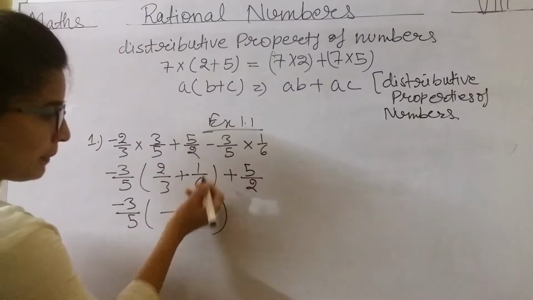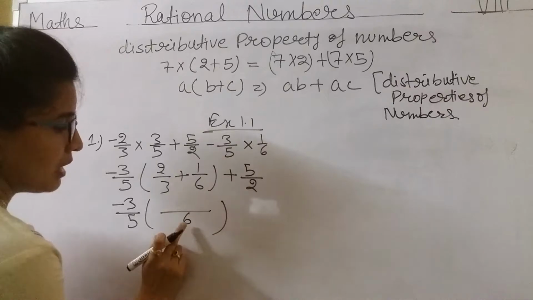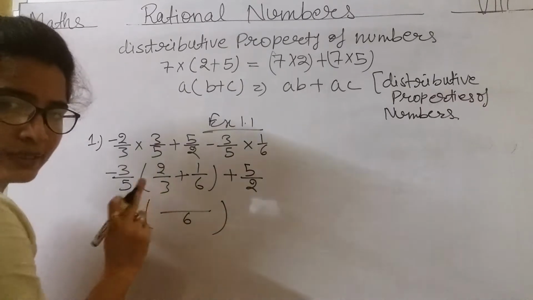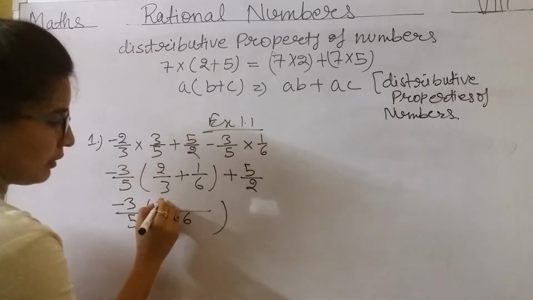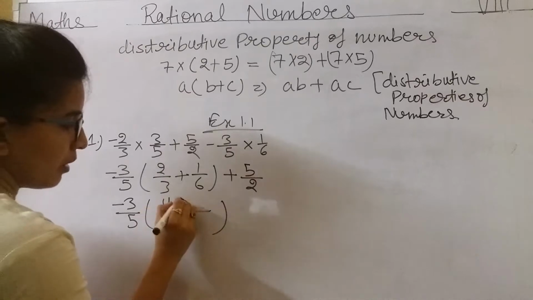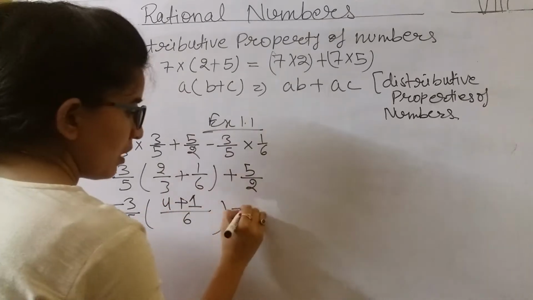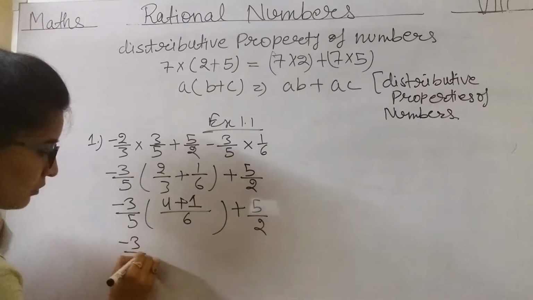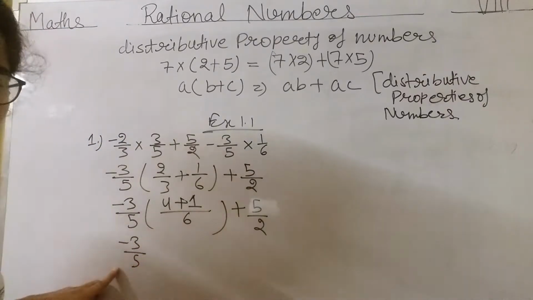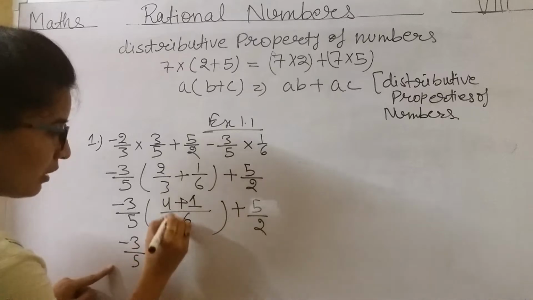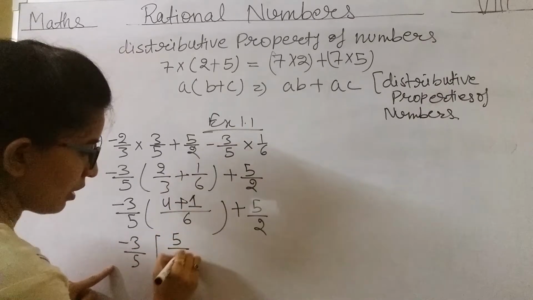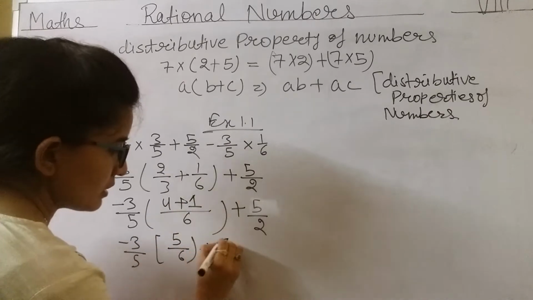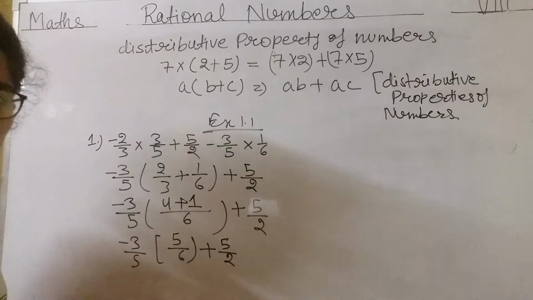Now on the above side, 6 divided by 3 is 2, and 2 into 2 is 4, plus 1, and then 5 upon 2 and 3 upon 5. Here 4 plus 1 is 5 upon 6 plus 5 upon 2.